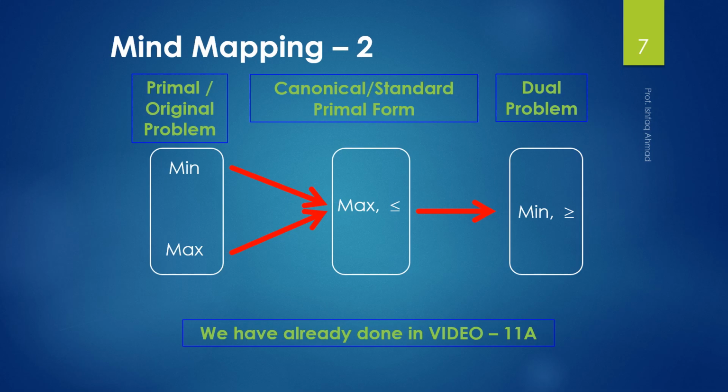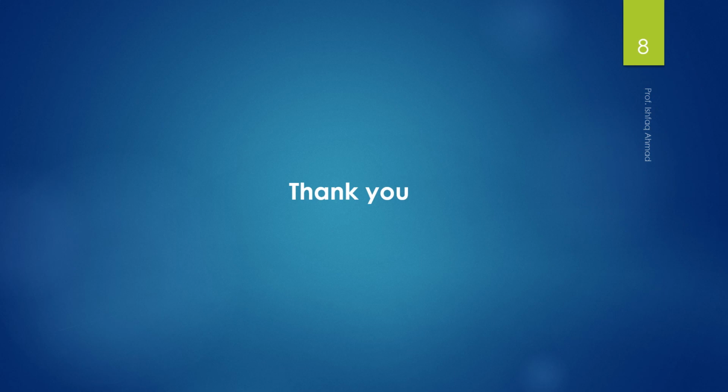If it's minimum, then we have to convert it into maximum with less than or equal to constraints, and that maximization problem is converted into its equivalent minimization dual problem. We have already done this in video 11A. Thank you.